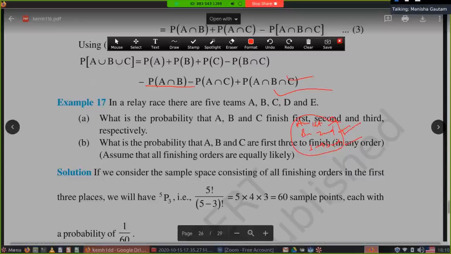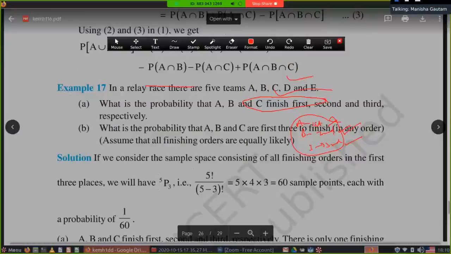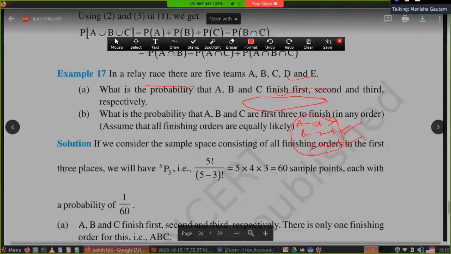And total cases: total 5 teams are there. If we consider the sample space consisting of all finishing orders in the first 3 places, we will have 5P3.